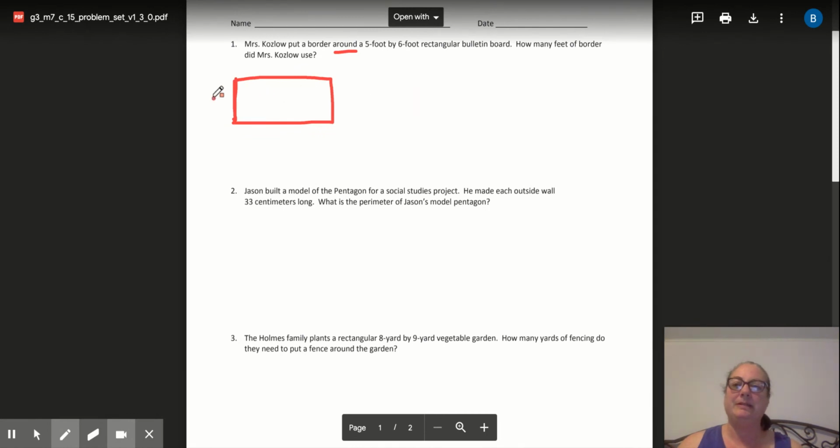So that means this is 5 foot and this is 6 foot. 5 foot, 6 foot. And it wants to know how many feet of border did Mrs. Gonslow use.